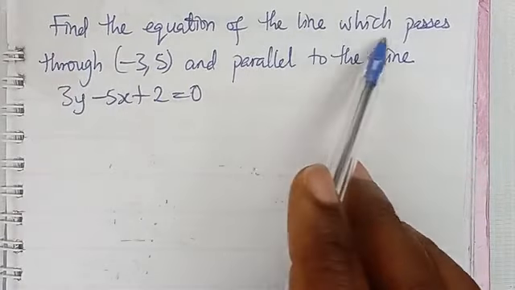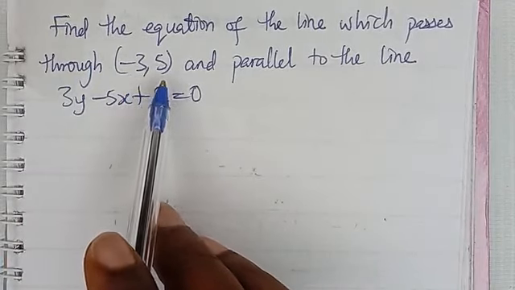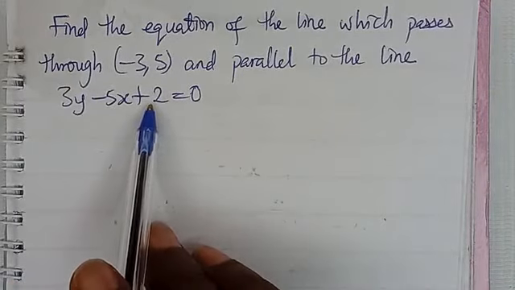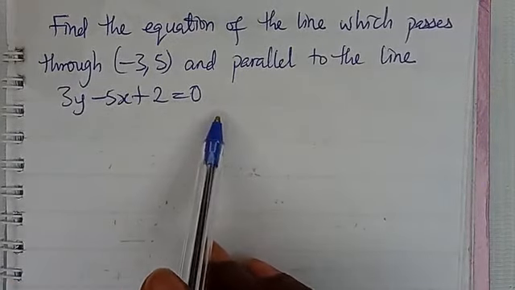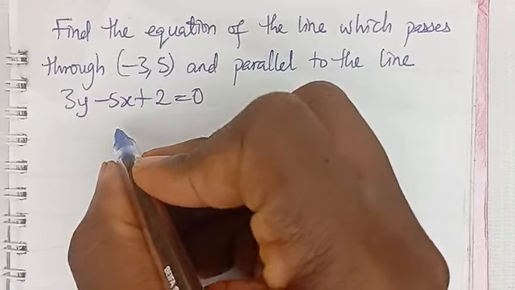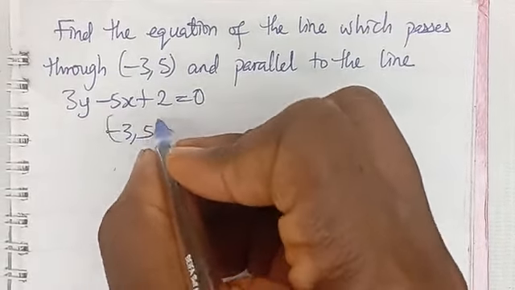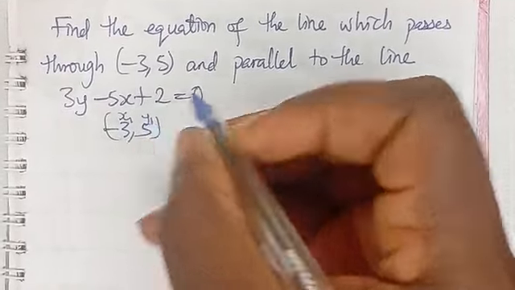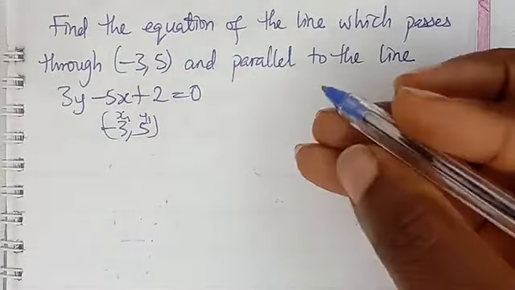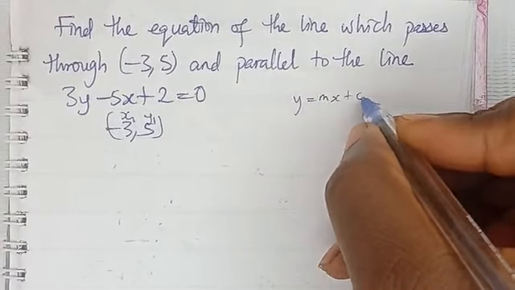Find the equation of the line which passes through minus 3, 5 and parallel to the line 3y minus 5x plus 2 equal to 0. Okay, so the first thing we do is we write out this point minus 3, 5 and then name that x1, y1, and then we rearrange the given equation to the form of y equal to mx plus c.